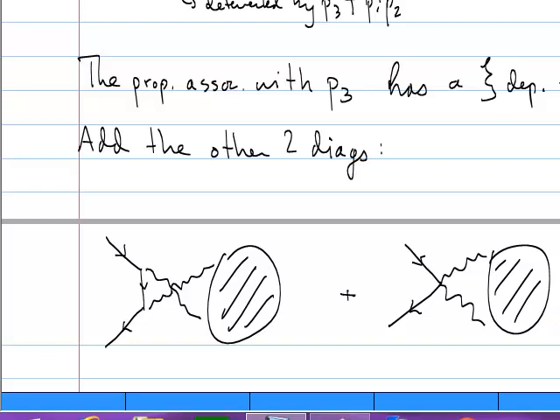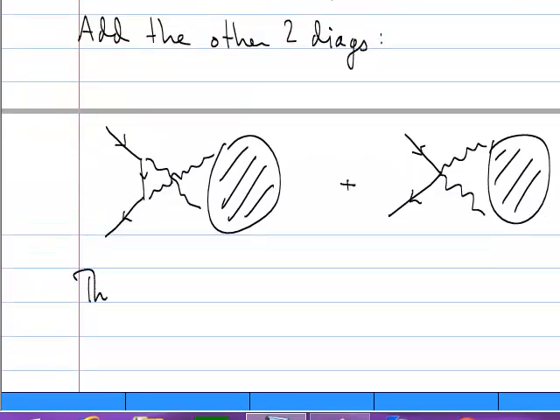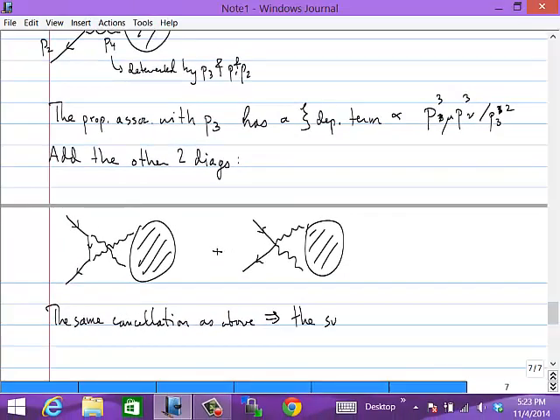They might be off shell, but they're virtual particles. Yet nevertheless, we'll have exactly the same cancellation as above, which will imply that the sum of these three diagrams is going to be independent of our choice of gauge.